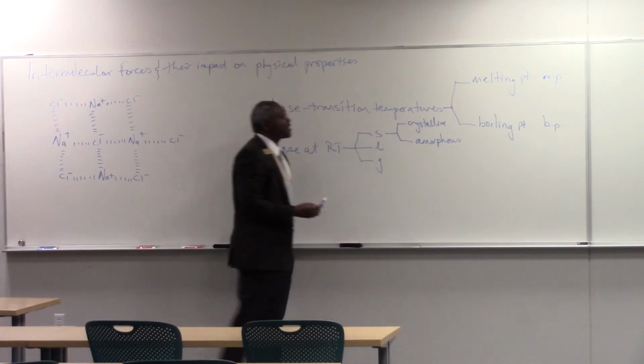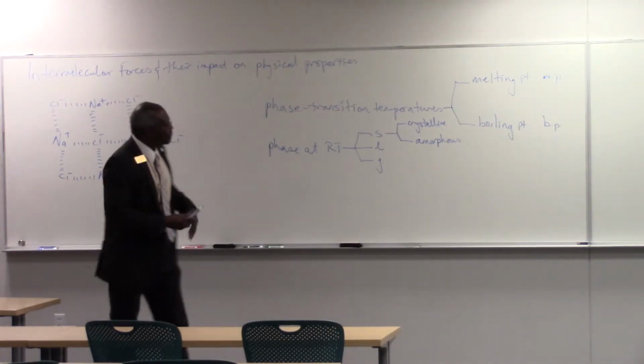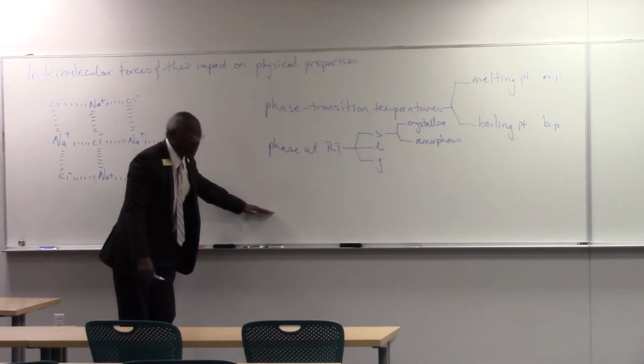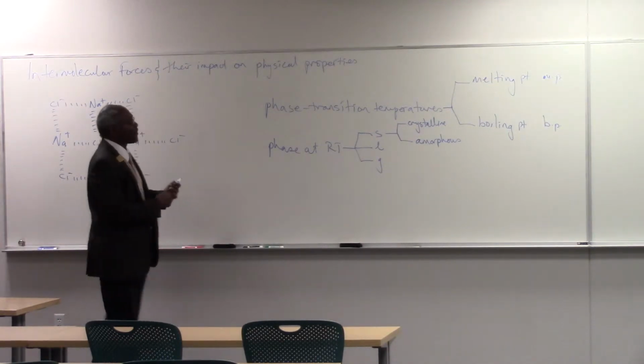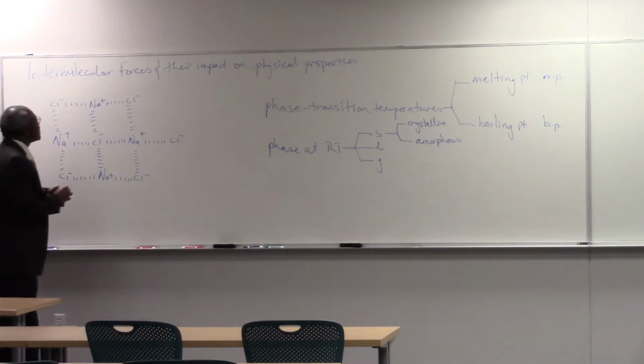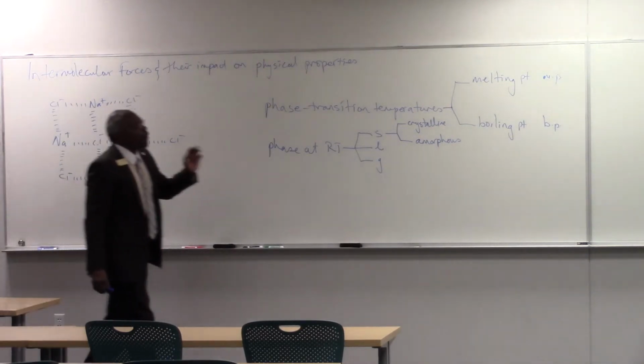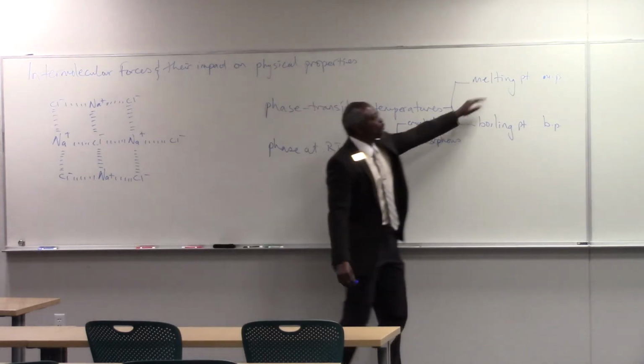Right? Is it crystalline or is it amorphous? And there are a lot more that we can go into, but for now I just want to give us an introduction. So now that we understand the interparticle forces in sodium chloride, what would I expect to happen for sodium chloride's melting point?